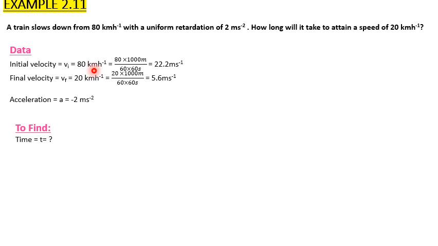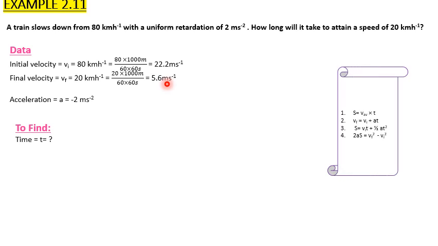So first we have to convert them into SI units. This is the way of converting kilometers per hour into meters per second, by multiplying by 1000 meters and dividing by 3600 seconds. So we will get the initial velocity 22.2 meters per second and final velocity 5.6 meters per second.